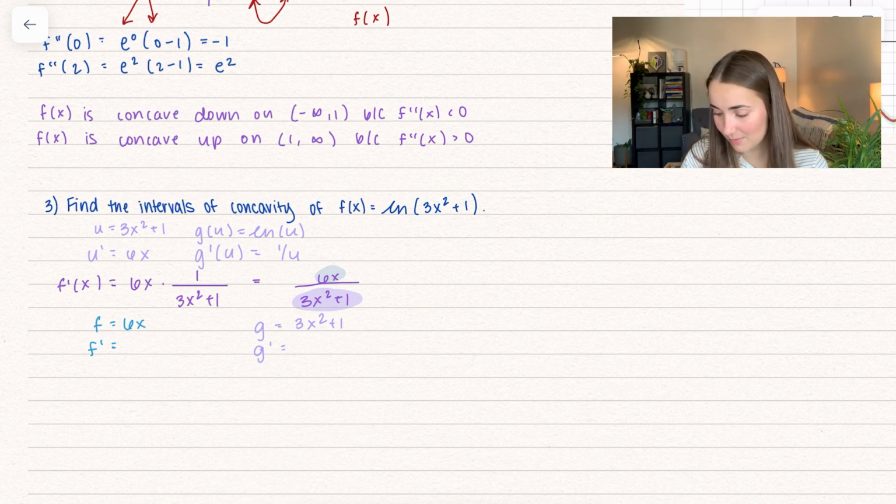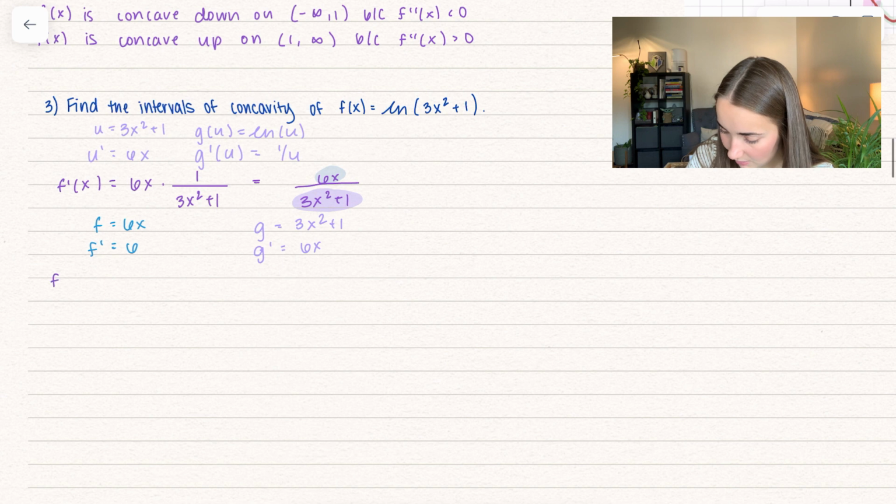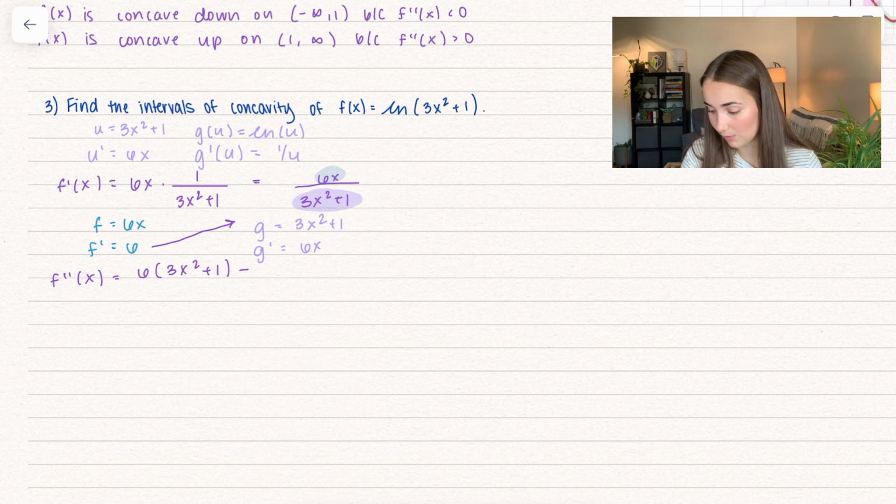Okay, so f prime is just going to be equal to 6, and then g prime is going to be equal to 6x. So remember, we actually need to follow an order when we get our derivative. So this will be the second derivative. We have to start from the bottom, work our way to the top. So I get 6 times 3x squared plus 1, and we have to subtract. So now we have to subtract this second cross multiplication, and that's 6x times 6x.